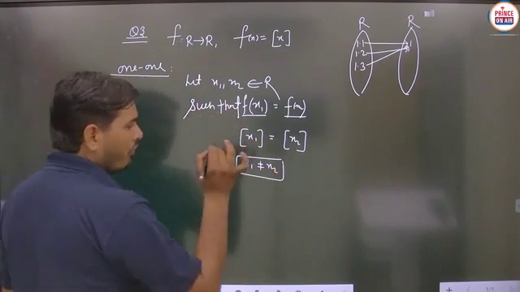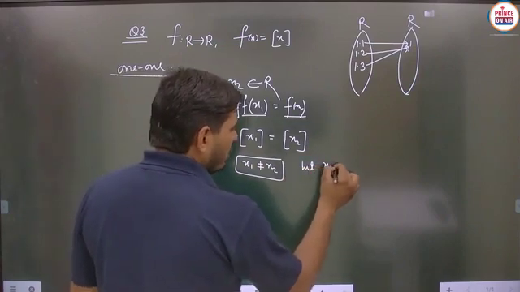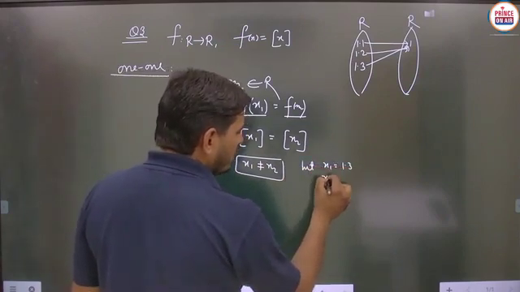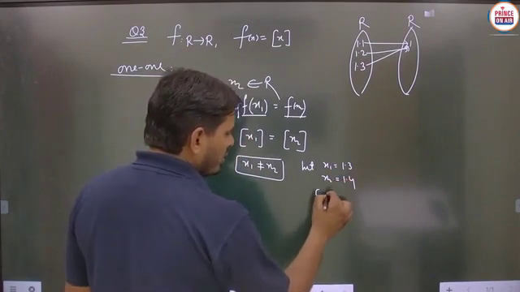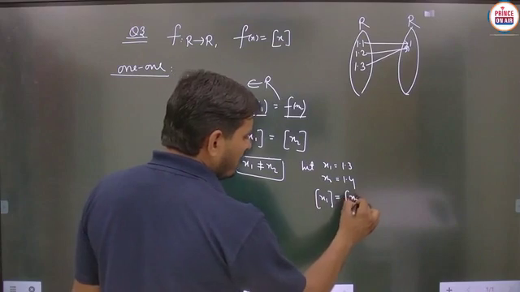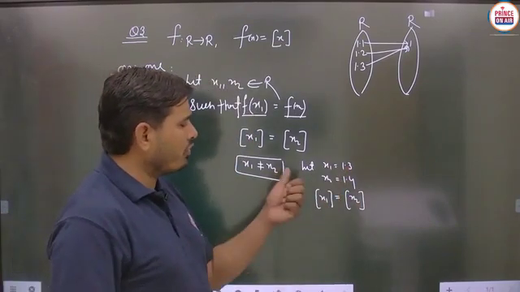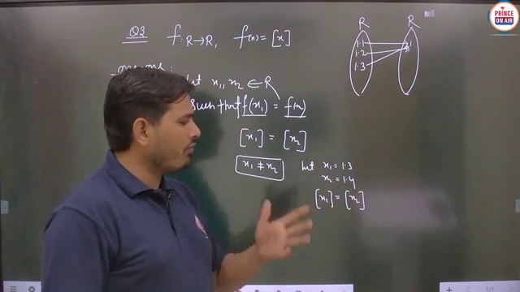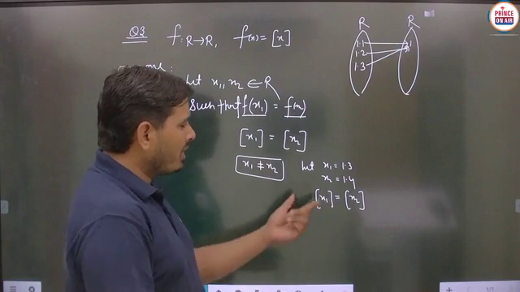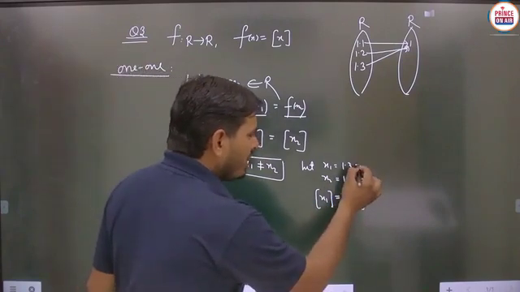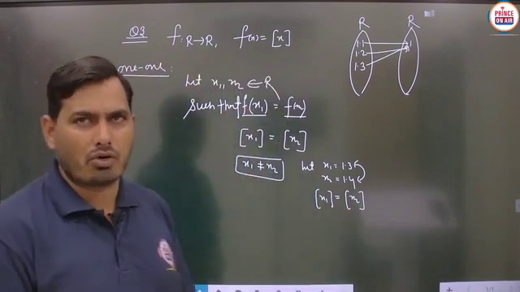Let x1 equal 1.3 and x2 equal 1.4. Then the greatest integer of 1.3 is 1, and the greatest integer of 1.4 is also 1, so both parts are the same. But x1 and x2 are not the same. So definitely x1 is not equal to x2.